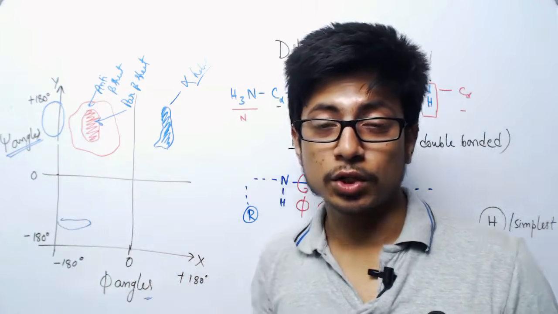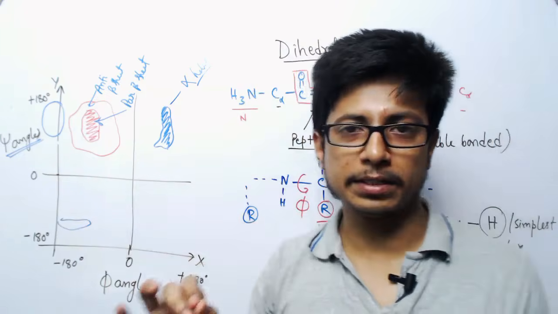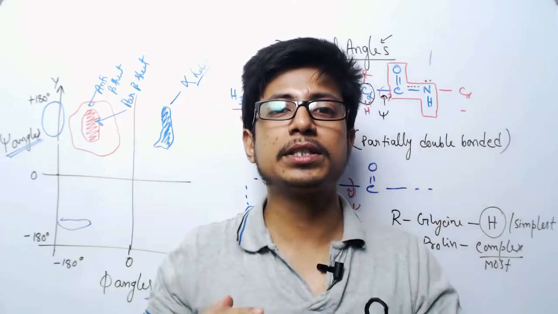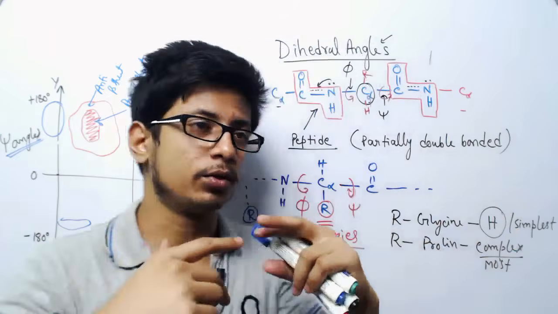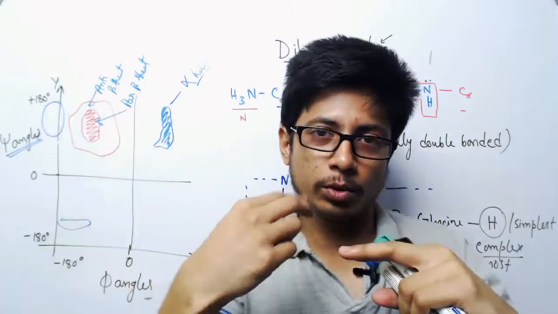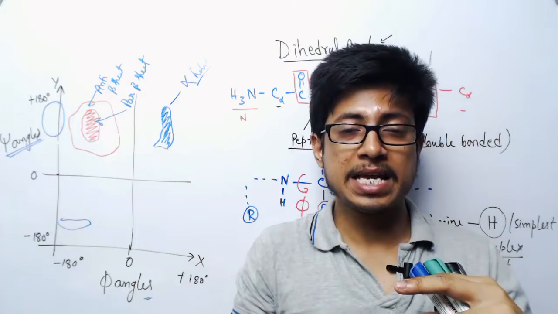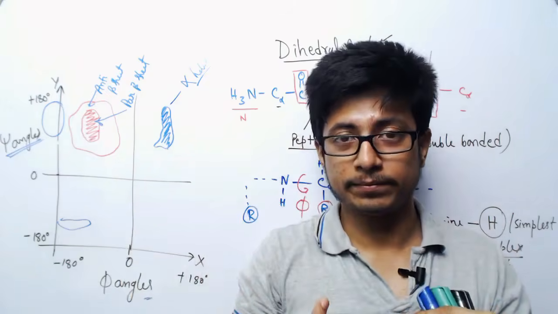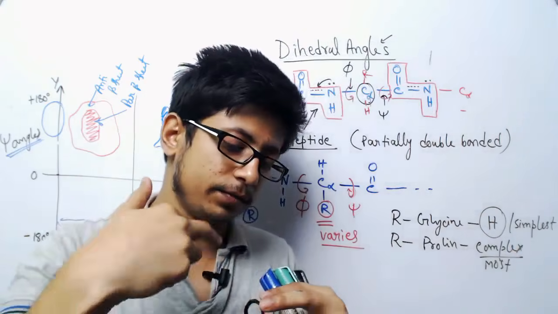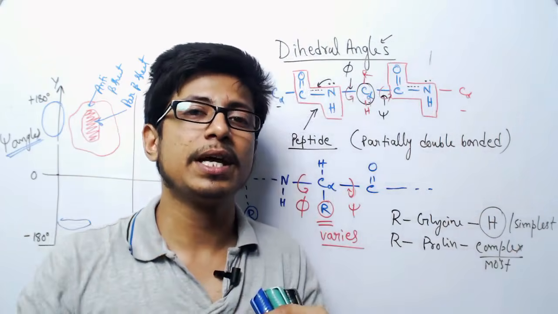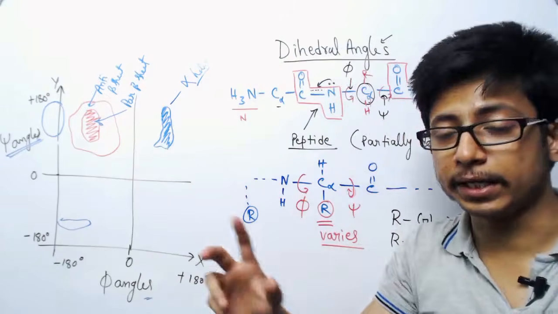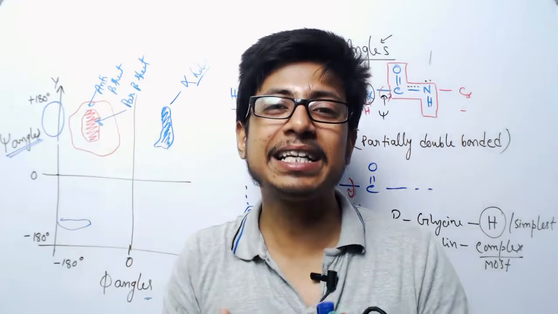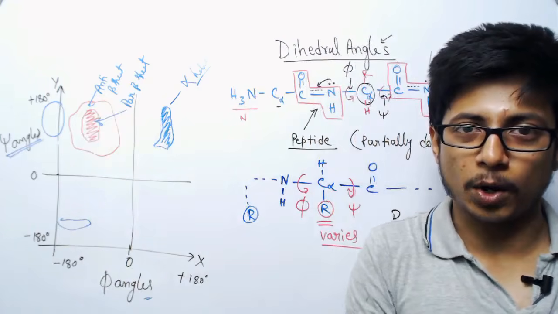Okay, so remember, the Ramachandran plot's idea is very simple. It's based on the angles with which phi and psi bonds start to rotate, and those amino acids start to rotate around the phi and psi bonds, and the degree of freedom they have to rotate. The freedom to rotate around those bonds and the angle that is permitted to form a specific secondary structure like beta sheet or alpha helix is measured with the Ramachandran plot.